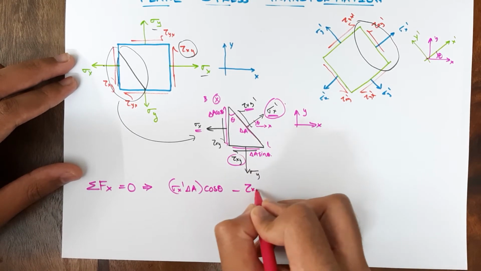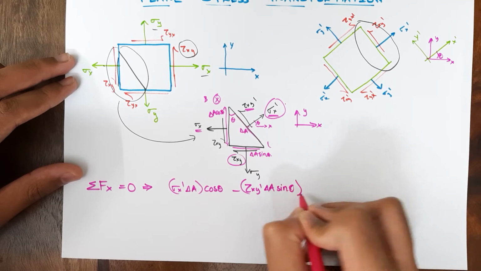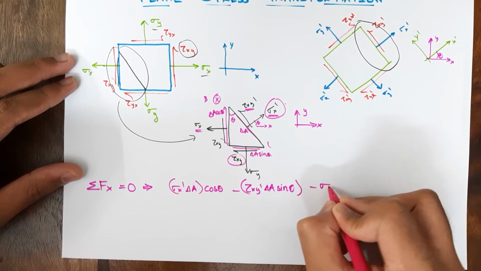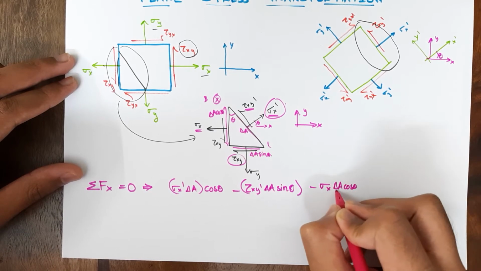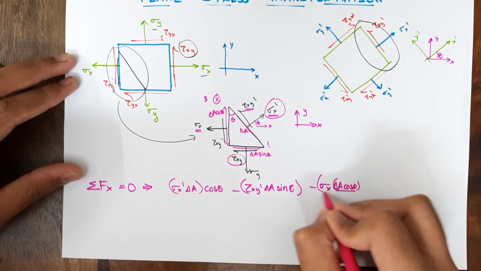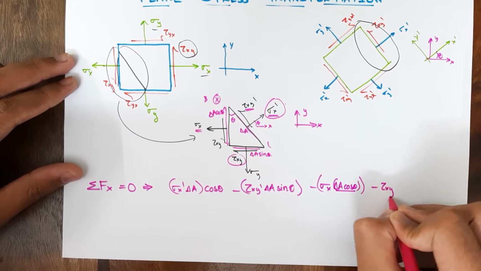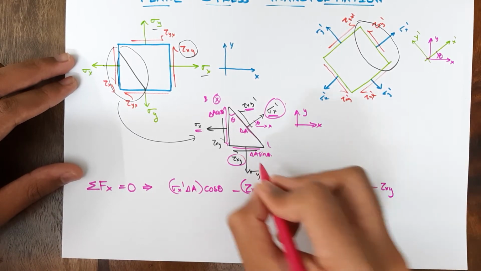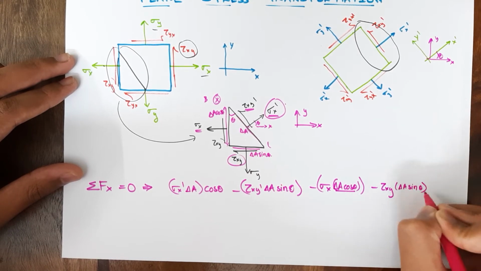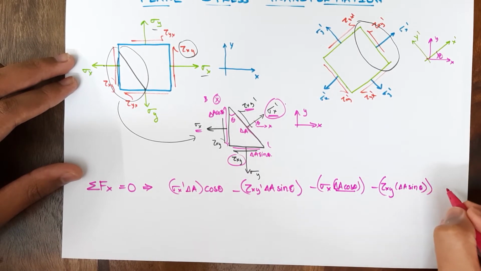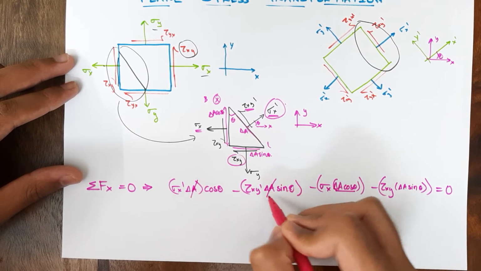Similarly, and then we have, this is the area, this is the force, and then we have minus tau xy dash into the area delta A sin theta. This is the force. All of this should be equal to 0, so we can cancel out the delta A term.